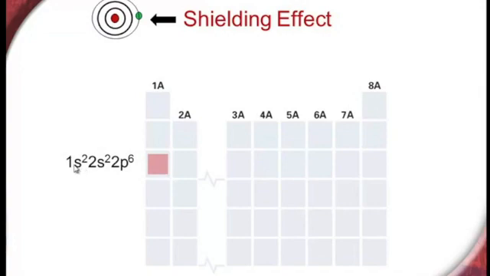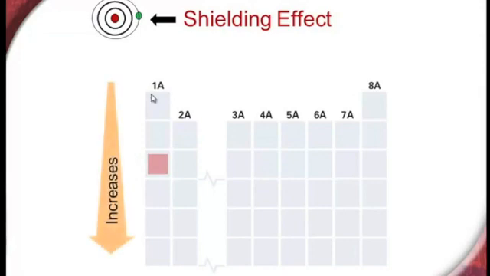And so those would be the 1s2, 2s2, 2p6 electrons. So there's a total of 10 electrons standing between the nucleus and the outer shell electron. So I think hopefully it's pretty obvious that the shielding is increasing as we go from top to bottom, but it is constant when we are going left to right across a period.